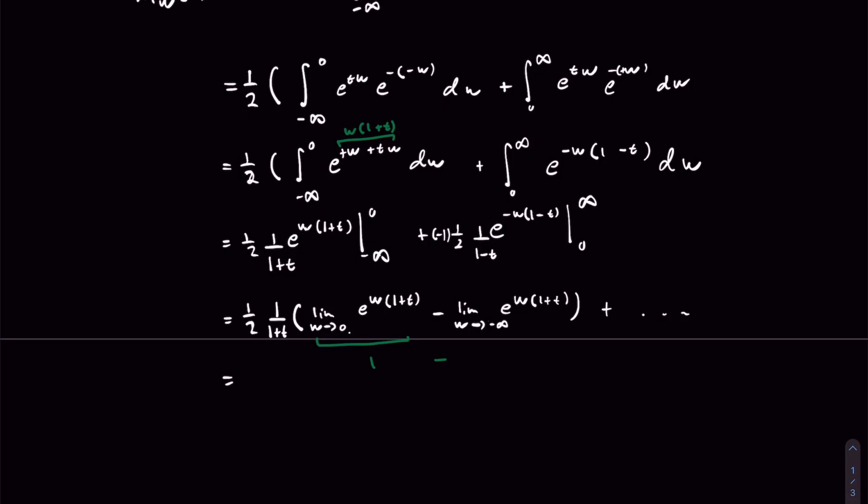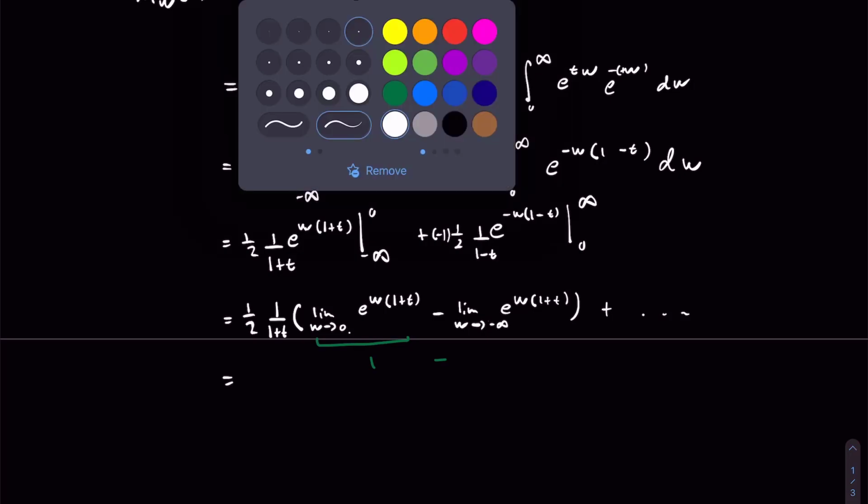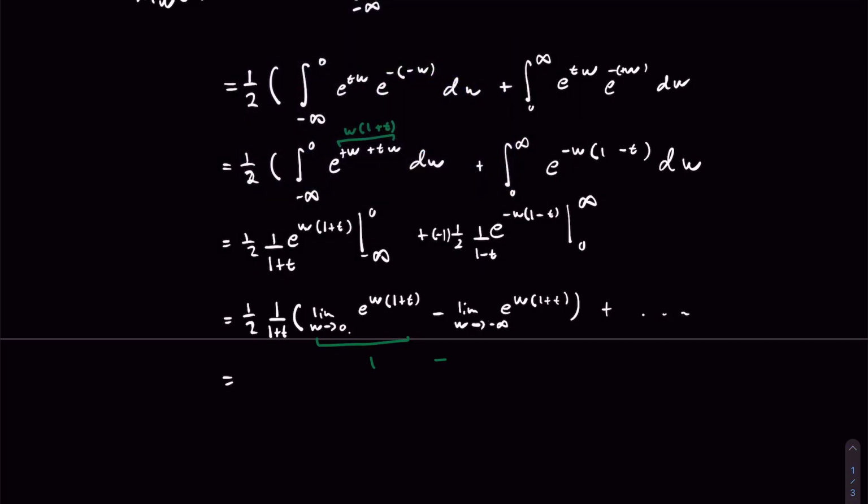So this thing in here now evaluates to 0, it's going towards 0, and so this whole thing now becomes 1 plus t, and then there is a half here.